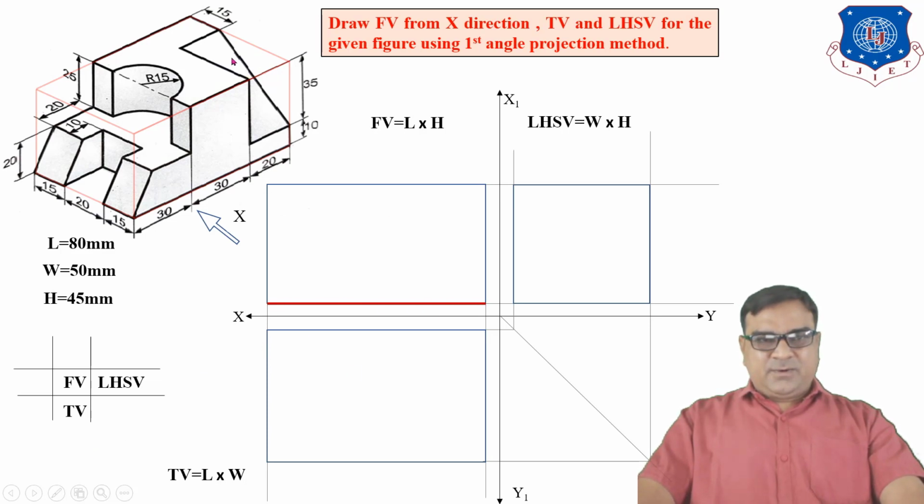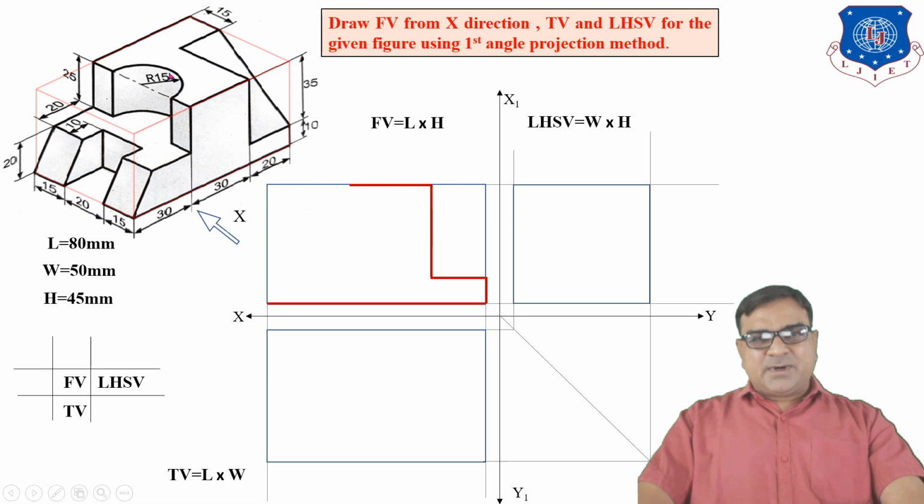Now from the right side plane, for this line, vertical, this is a horizontal line parallel to the base. So the front view is like this. This is a vertical line up to this surface. Now draw a horizontal line.